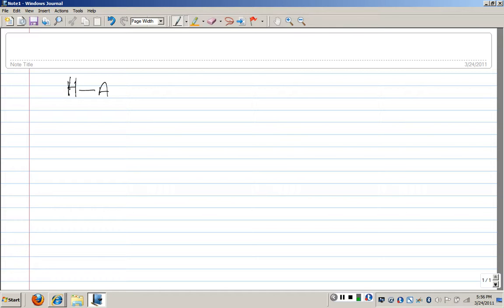We also saw that we could use the term acid and electrophile almost interchangeably because they were both species that would accept electron pairs. And we could use the term base and nucleophile almost interchangeably because they were both species that would donate electron pairs. I did mention in lecture that there's a slight subtle difference between a base and a nucleophile.